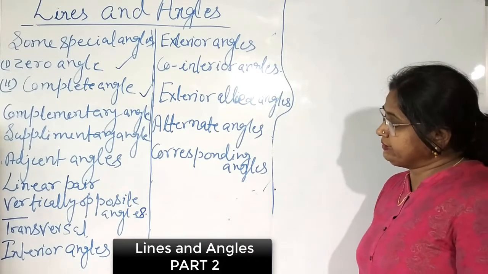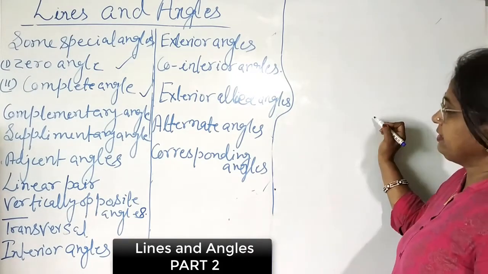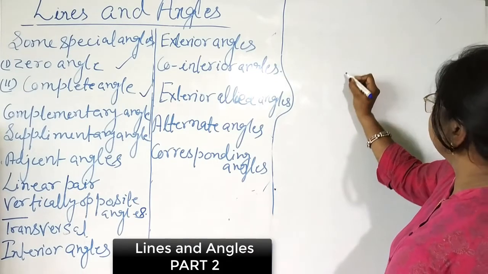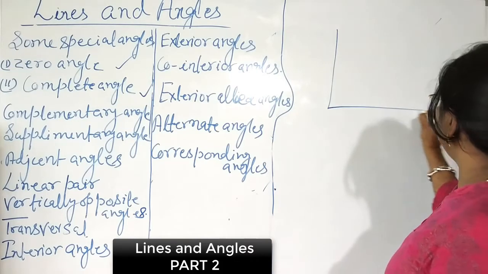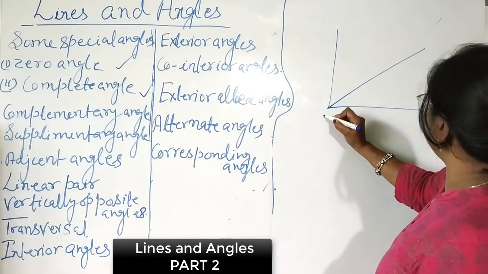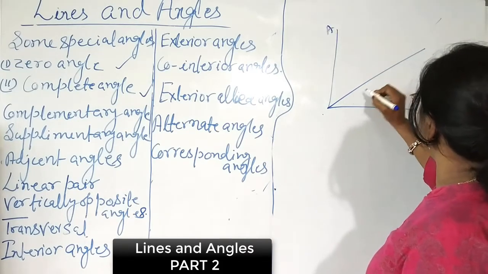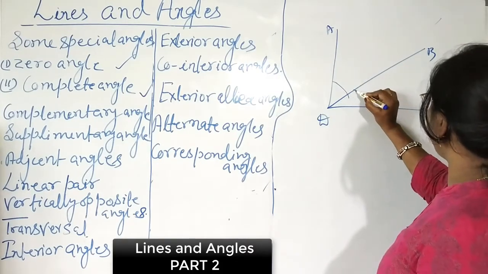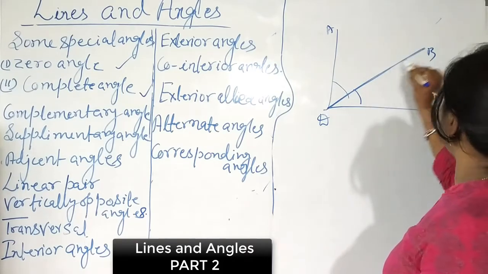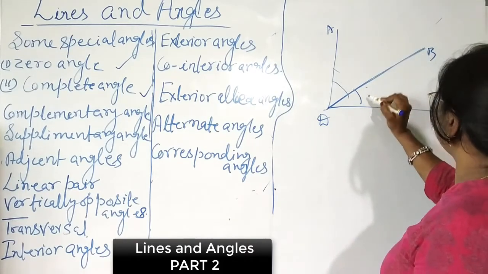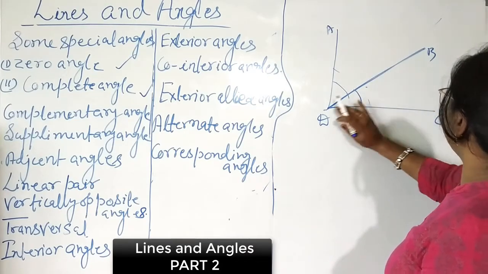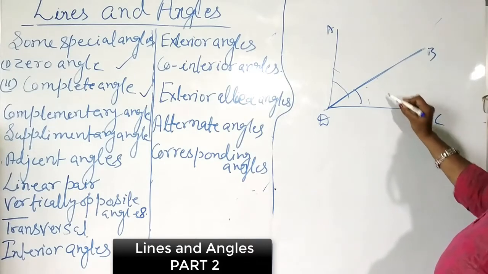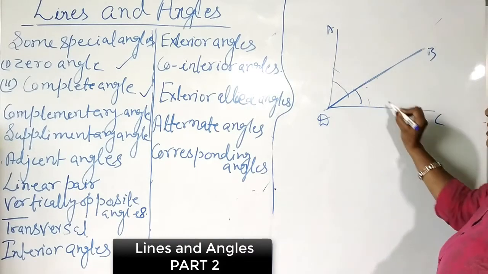Next is adjacent angle. Adjacent angles have one common arm. For any two angles with one common arm, A, B, C, D, these two angles have a common arm, BD, which is common for both angles. The other two arms are opposite to each other.